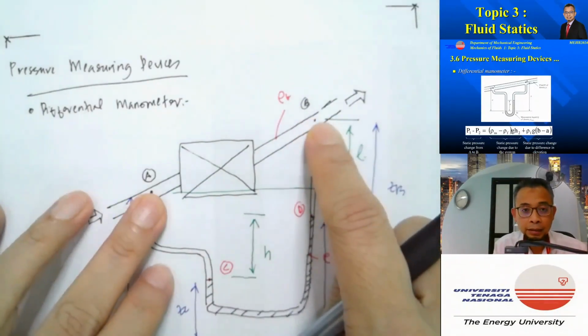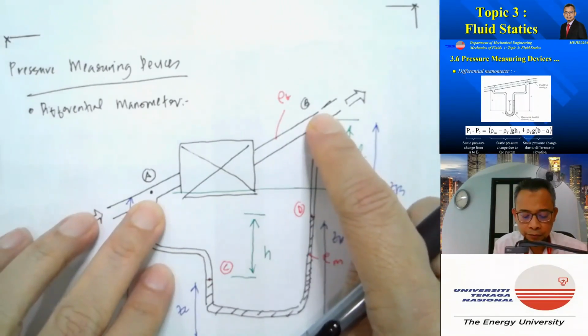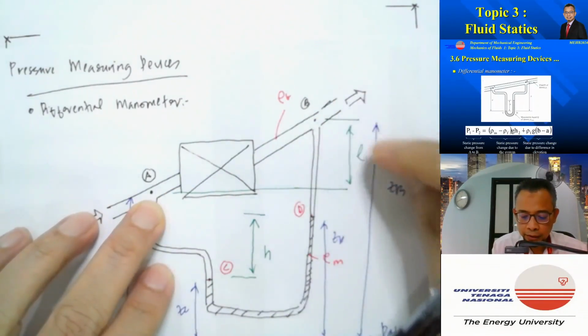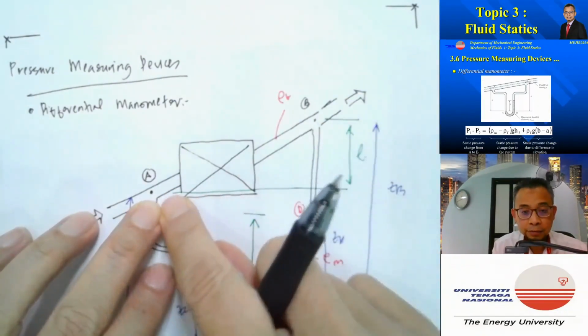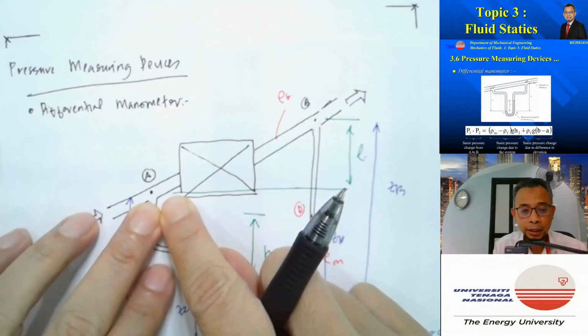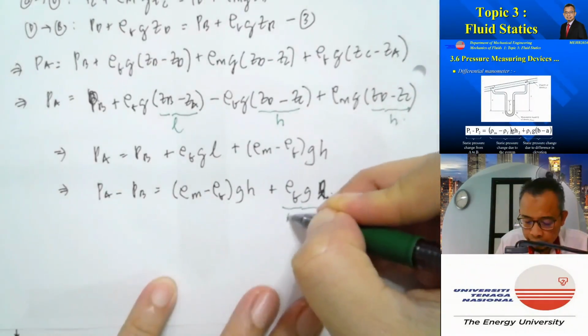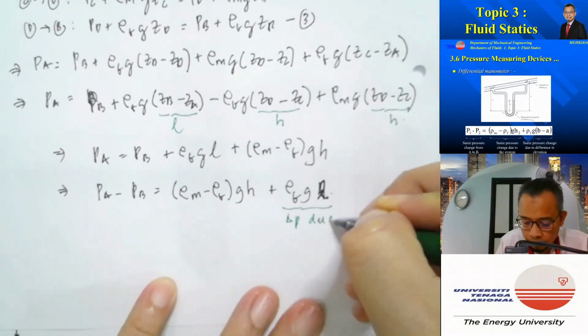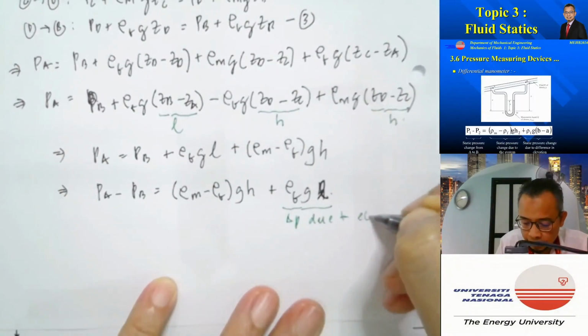Rho F g L is nothing more than the pressure difference due to the fact that point B is at a higher elevation than point A. So this is delta P due to elevations.